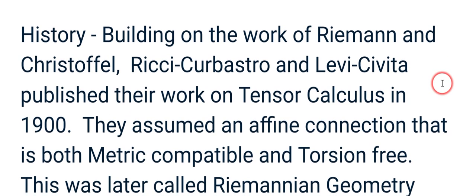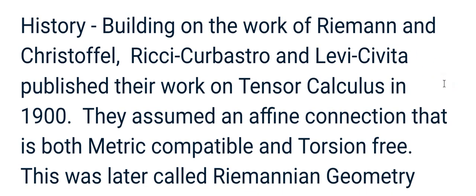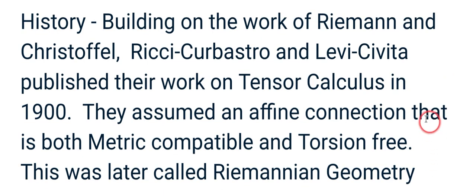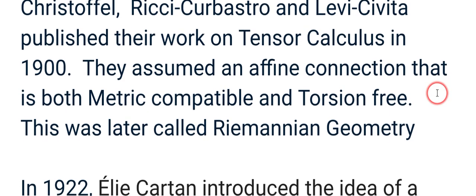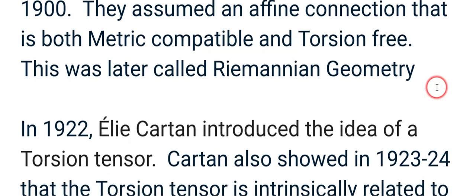They assumed an affine connection that is both metric compatible and torsion free. This later was called Riemannian geometry because those two conditions were met. Okay. Apparently, Riemann didn't call it Riemannian geometry. It came many, many years after his unfortunate young death.